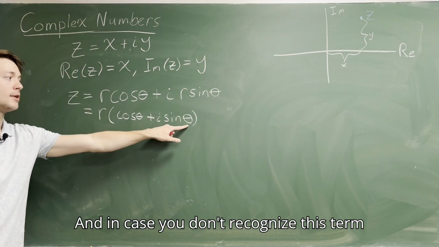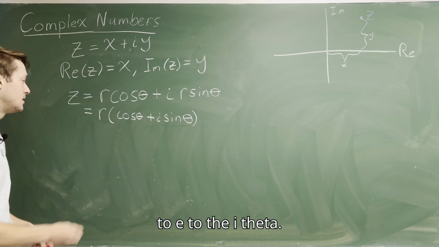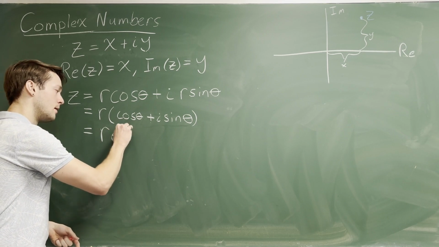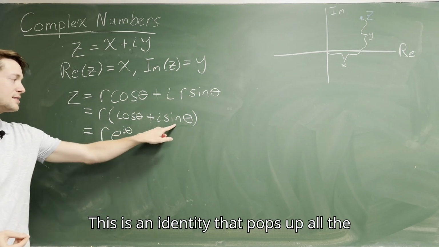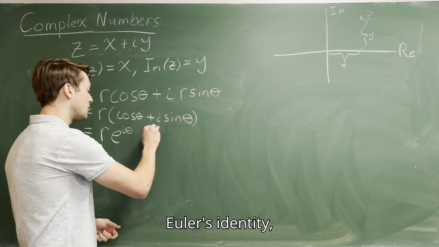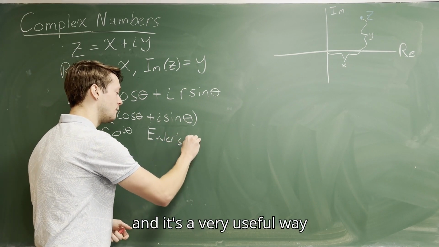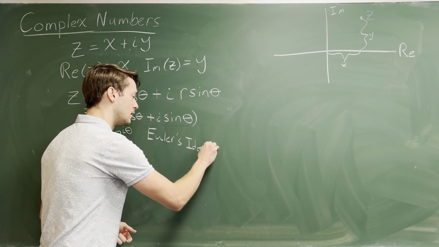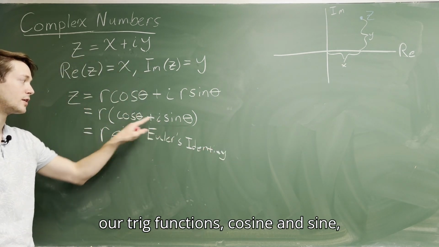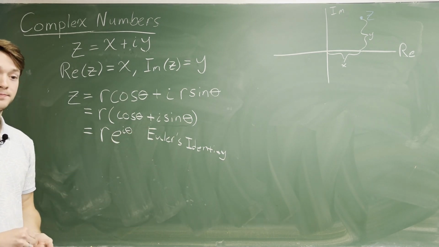And in case you don't recognize this term in parentheses right here, this is equal to e to the i theta. This is an identity that pops up all the time during first year. It's called Euler's identity. And it's a very useful way to transform between our trig functions, cosine and sine, and complex exponentials.